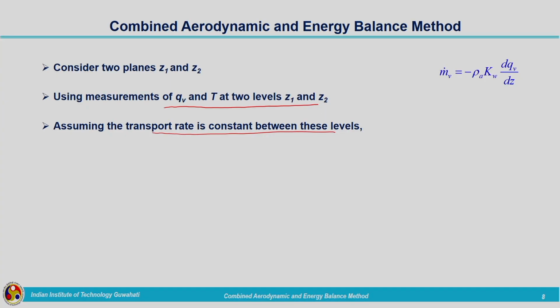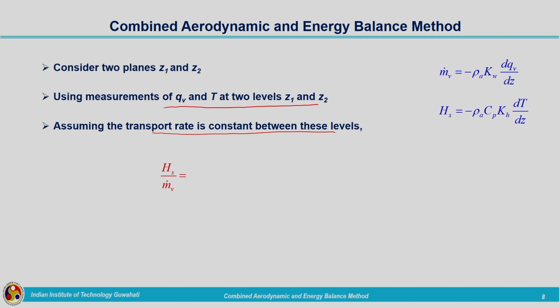The vapor flux is given by this equation and the sensible heat by this equation. We have already mentioned that these two processes are proportional to each other, so we take the ratio Hs by mv dot.